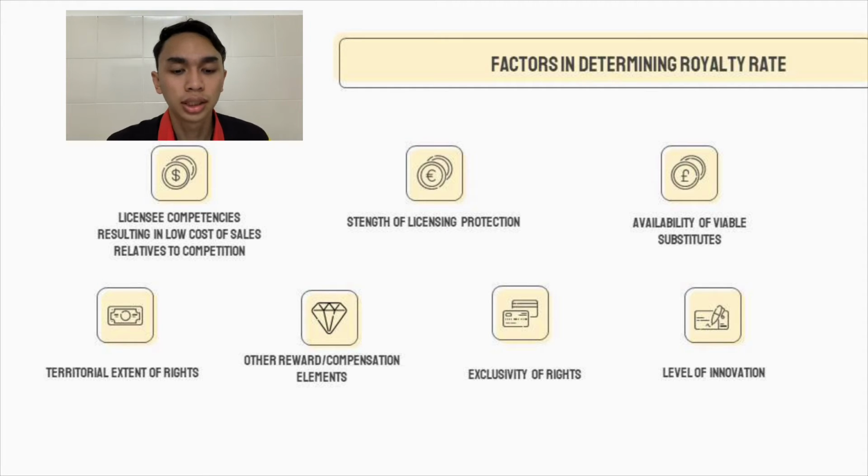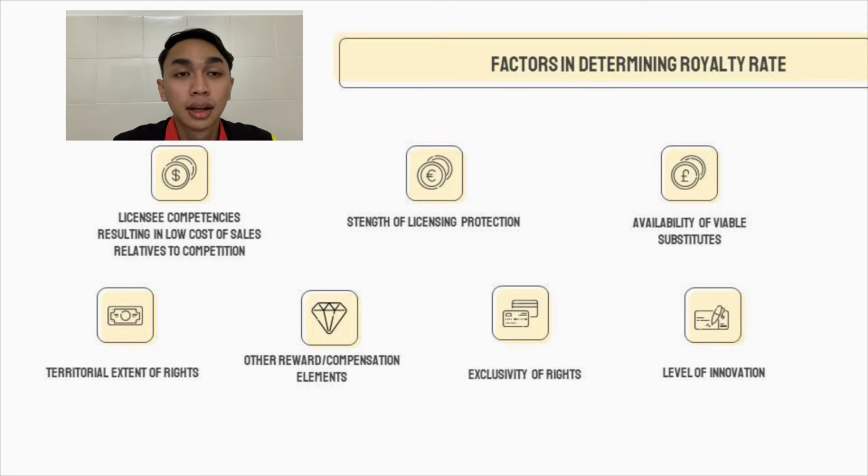The fifth one is the other reward or compensation elements. It means what rewards or compensation the licensee can give to the licensor in order for the licensor to change their royalty rates. The sixth one is the exclusivity of rights.